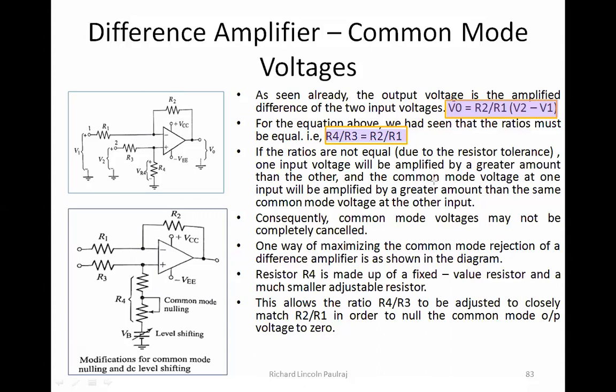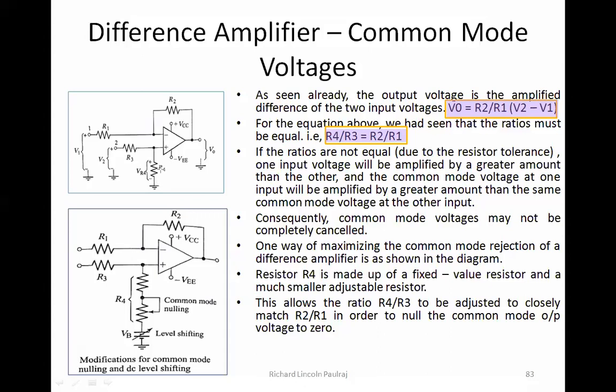If you can just flip back your pages and see your notes, you will see that we had taken the ratios of R4 by R3 equal to R2 by R1. So that if there is a small difference in R1, then probably I can increase R2. If R3 has become a little higher, I can make R4 less.